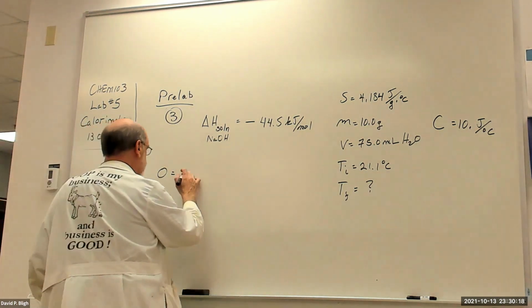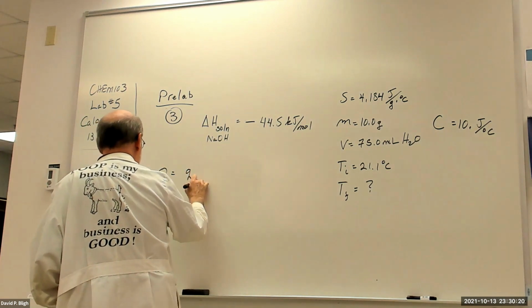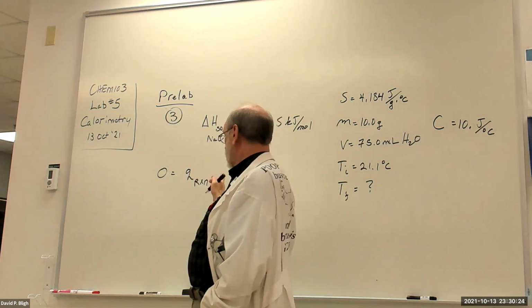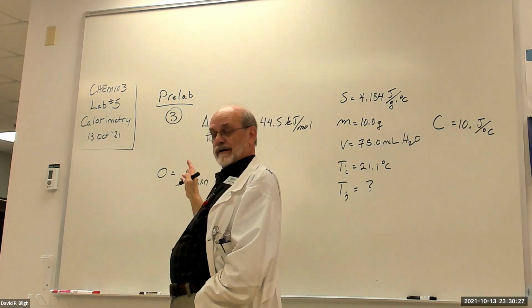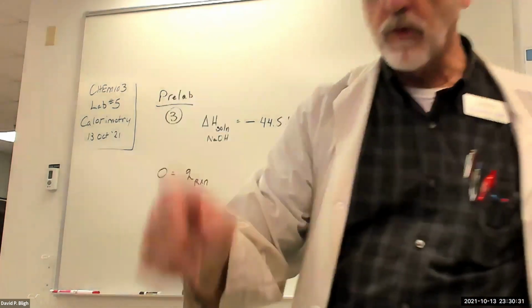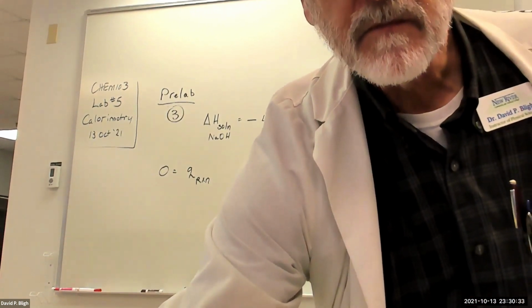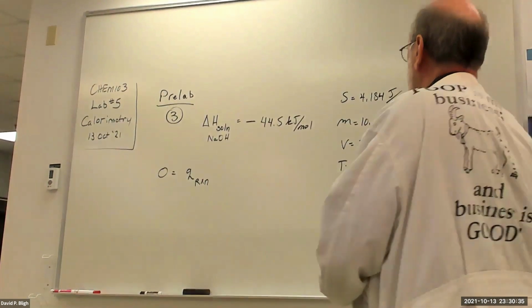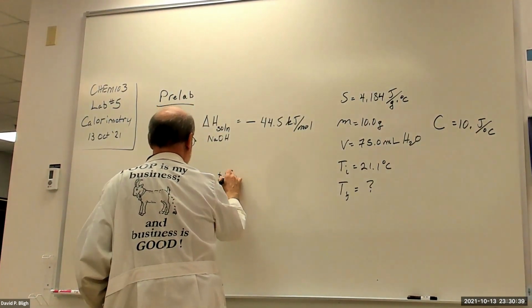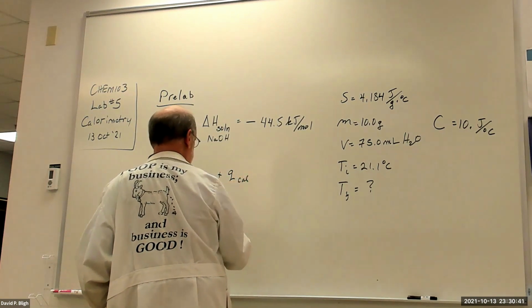One of those changes is the heat of reaction, and that's just going to be a bare number for our method. And then the other one is going to be the heat of the calorimeter.